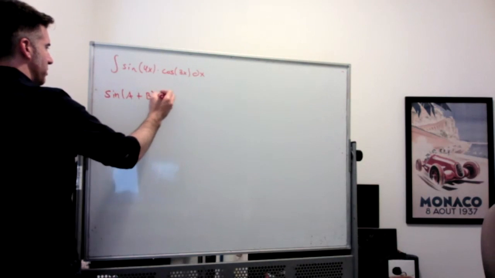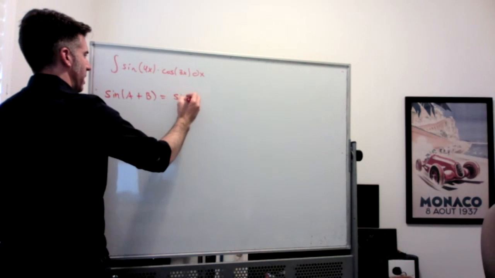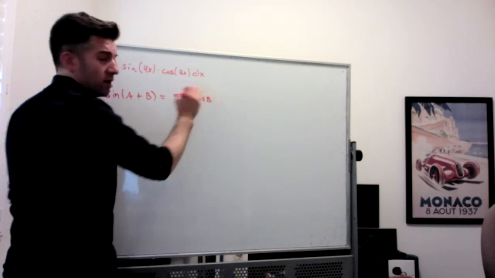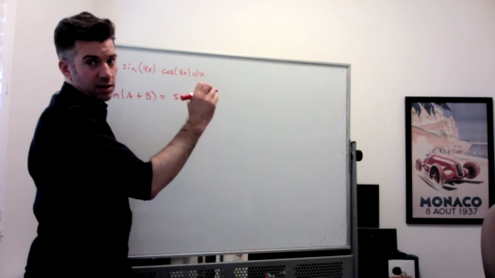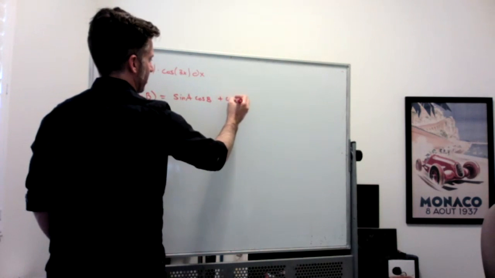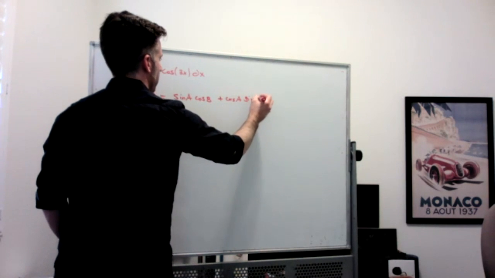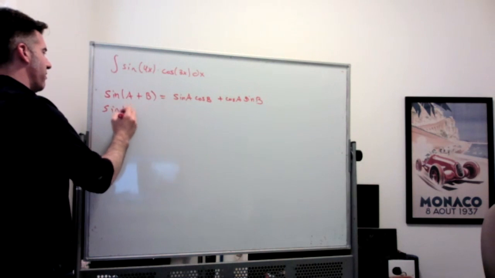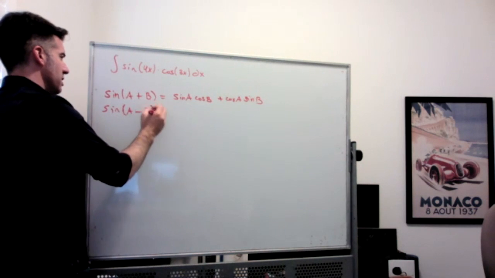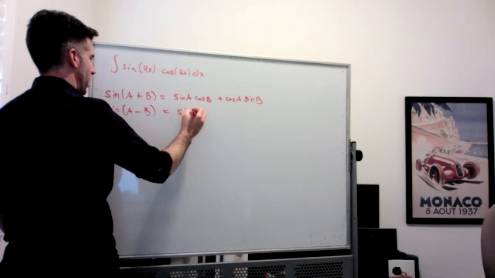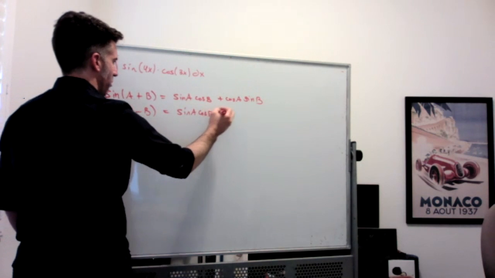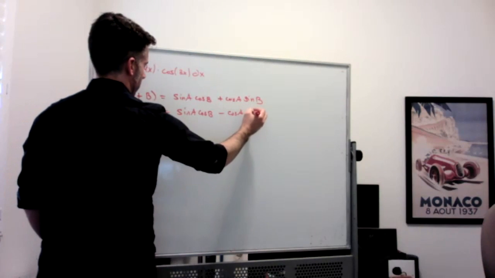Sine of a plus b is sine a cosine b plus cosine a sine b, and sine of a minus b is equal to sine a cosine b minus cosine a sine b.